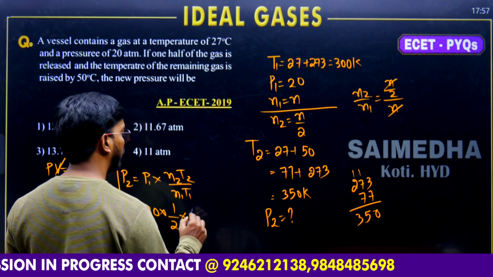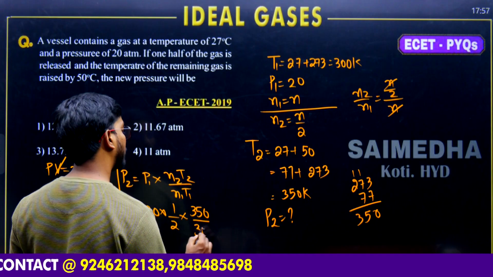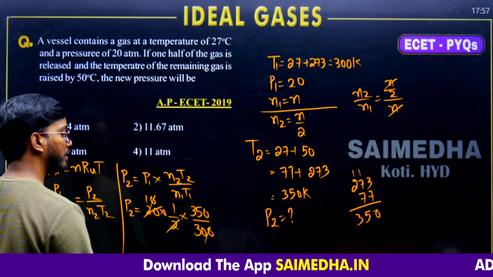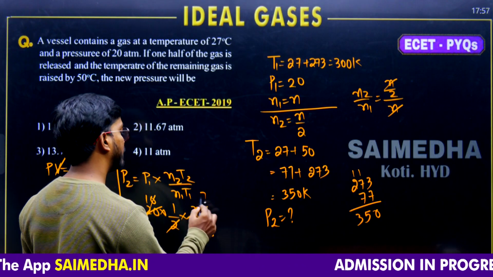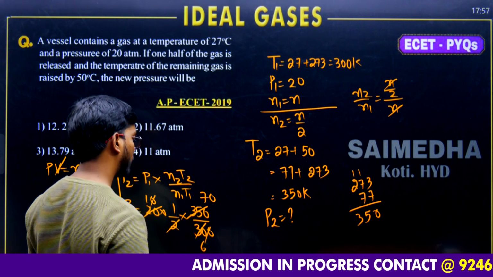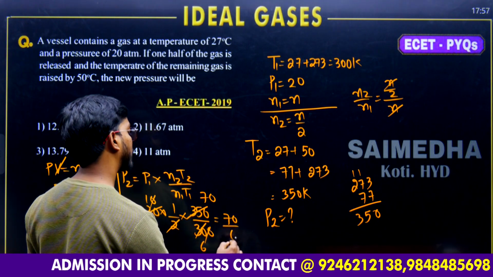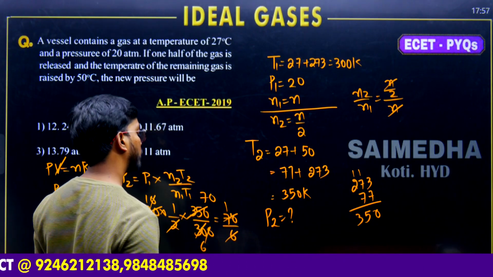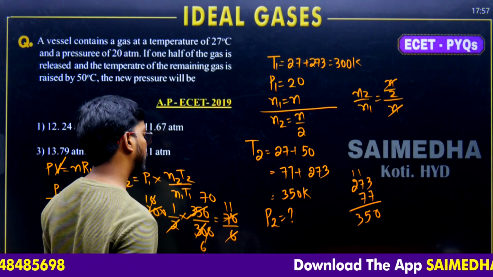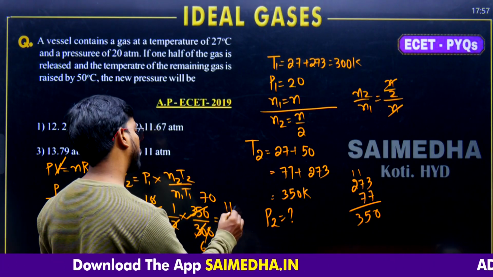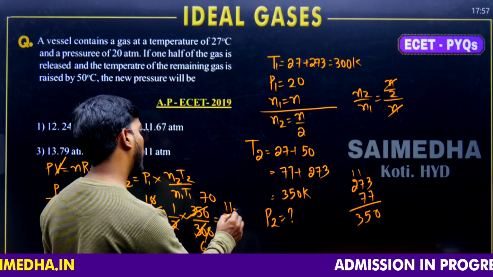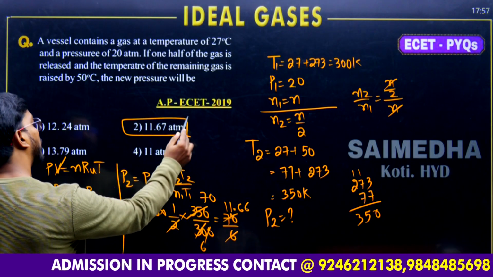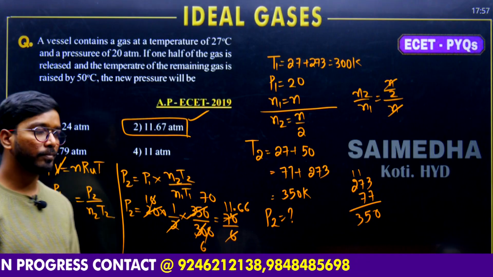T2 by T1 is 350 divided by 300, the zeros get cancelled, so 35 divided by 3, which is 11.66. So the final answer is 11.67 atmosphere. Go through it.